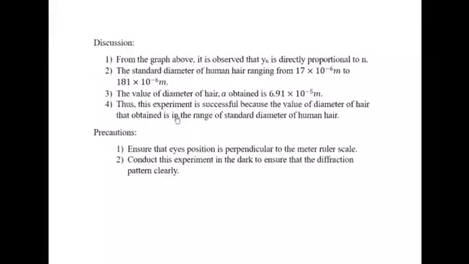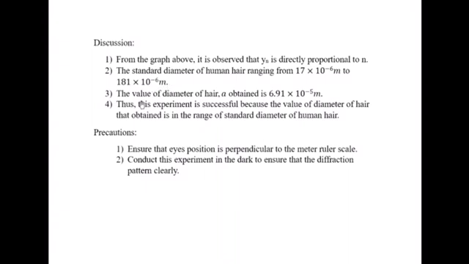meter. Finally, we can discuss the discussion for this experiment. First of all, from the graph above, it is observed that yn is directly proportional to n, and the standard diameter of human hair ranges from 17 times 10 to the power of negative 6 meter to 181 times 10 to the power of negative 6 meter.